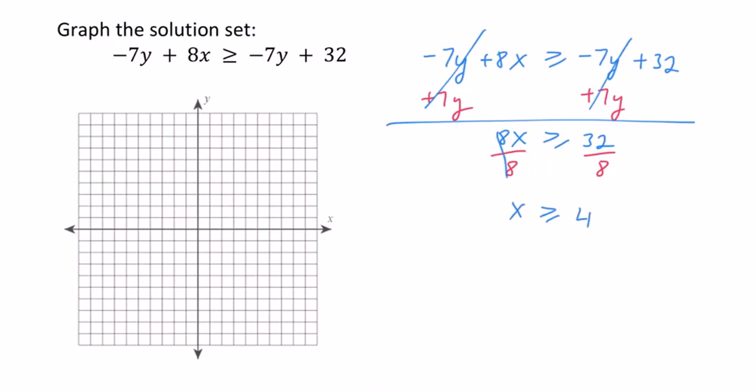So here we have the equation x is greater than or equal to 4. There is no y, so this is a vertical line at x equals 4. The inequality we have is greater than or equal to, so this is a solid line.